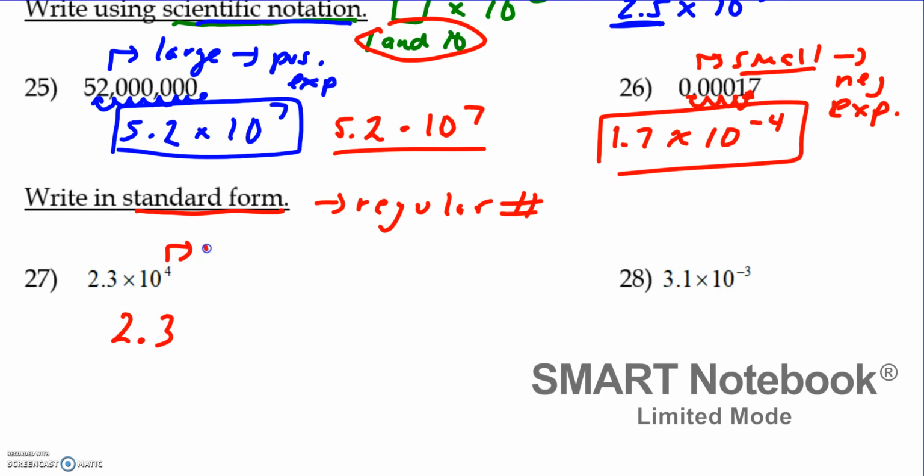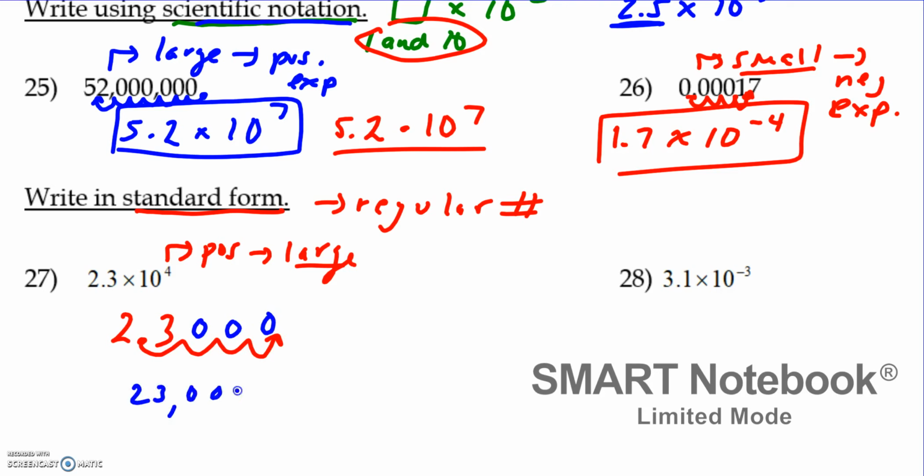If my exponent is a positive exponent, that means my number was originally large, which means my decimal place has to move 1, 2, 3, 4 positions to the right, because the number needs to get larger. If I moved it 4 positions, it looks like I have 1, 2, 3 zeros as placeholders. So this number written as a regular number is 23,000.